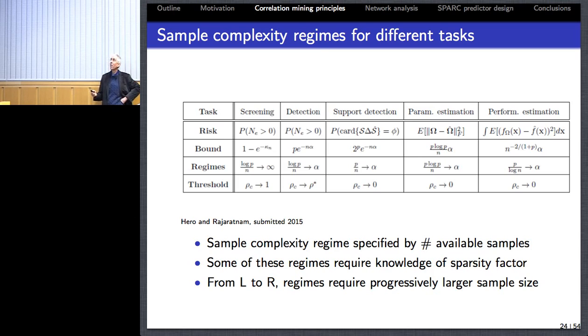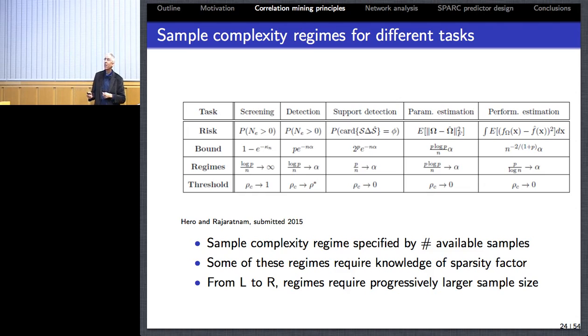Now, if you back off and say, what if I don't have the money to buy p log p samples? What if I can only buy p? Well, then you can only do support detection. You can only estimate the graph. You can't actually put a number on the edges that connect different nodes in that graph.